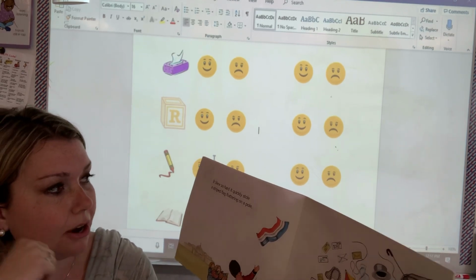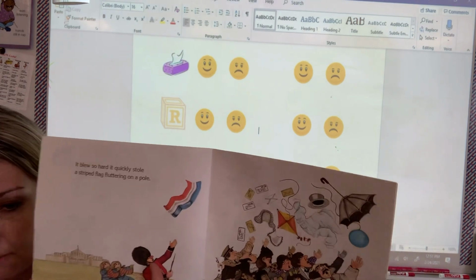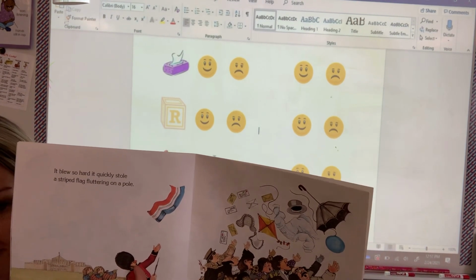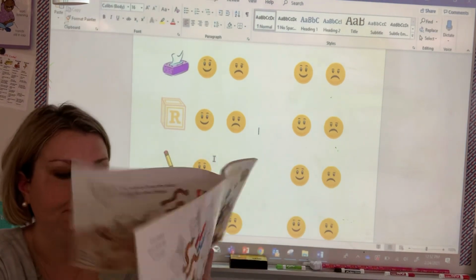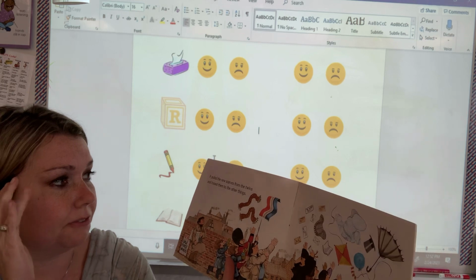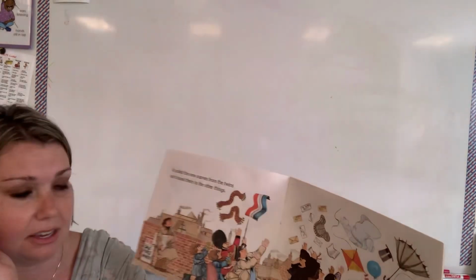It blew so hard it quickly stole a striped flag fluttering on a pole. It pulled the new scarves from the twins and tossed them to the other things.